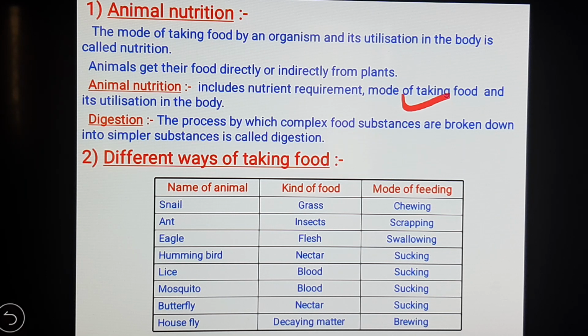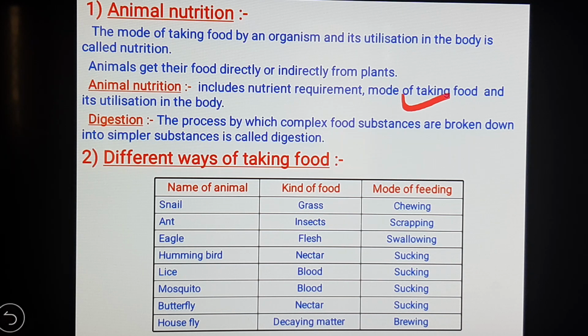And mode of taking food, how they are taking food inside the body, and its utilization, its use for the body, that is called animal nutrition. So in different animals there is a different mode of taking food or different mode of nutrition.